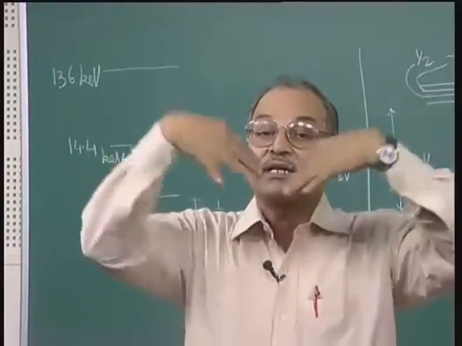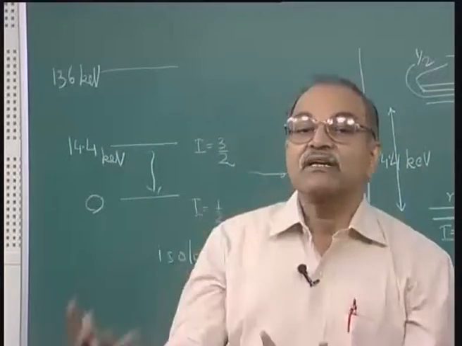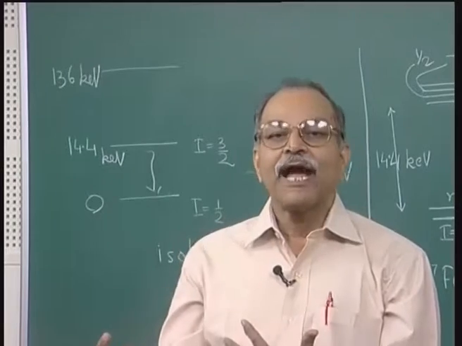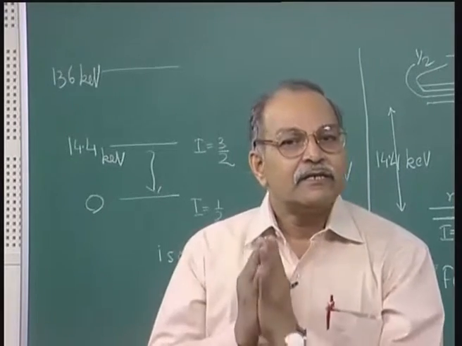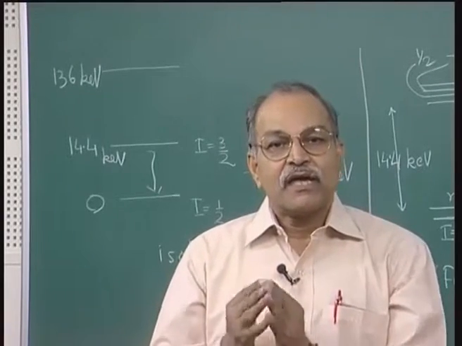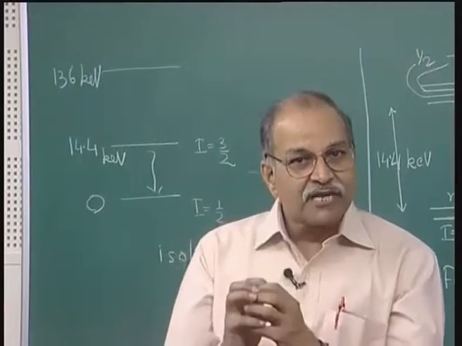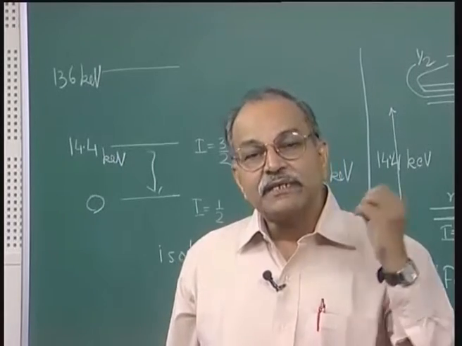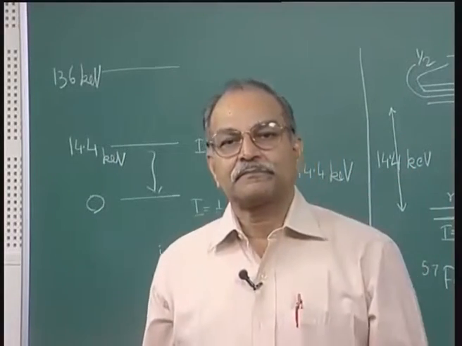The electrons overlap, and from there this ferromagnetic coupling takes place, and that creates a lot of magnetic field, and because of that magnetic field these nuclear energy levels split in this particular fashion.